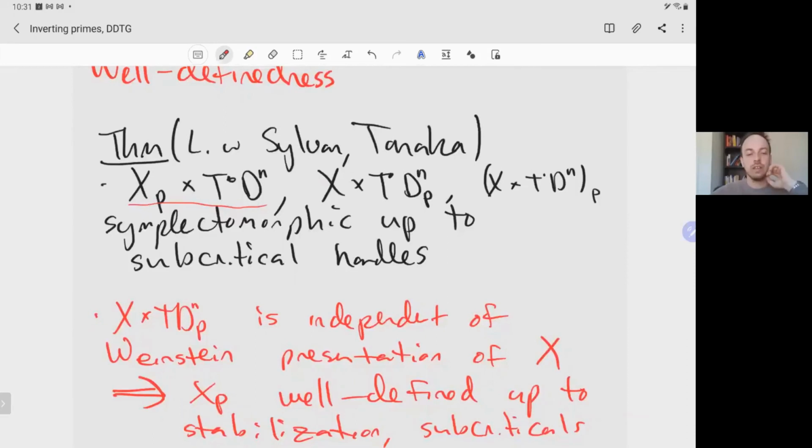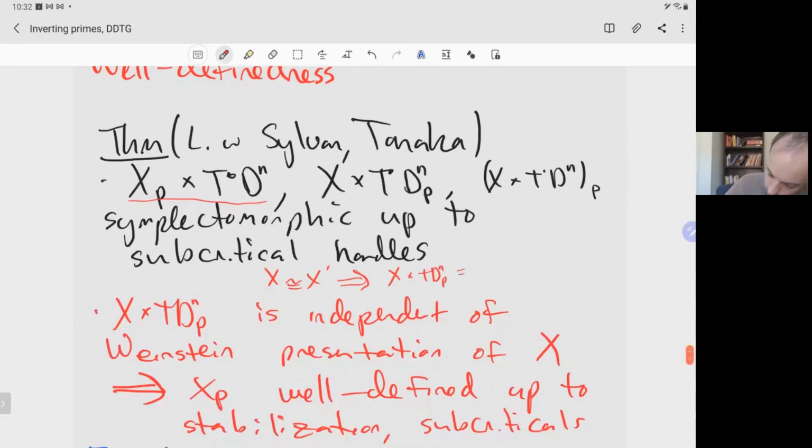Well, if you start with X and multiply with the localization of T*D^n, this is independent of the presentation of X: if X and X' are symplectomorphic, then X times the localized T*D^n and X' times it are also symplectomorphic, since symplectomorphism is preserved under products.